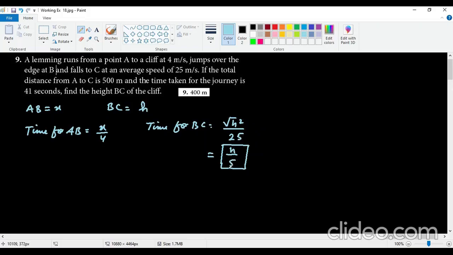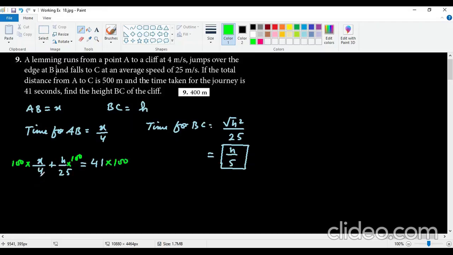So now this is the situation. So the total time when I calculate, x over 4 plus h over 25 is equal to 41. This is how we are going to solve. And when I multiply everything by 100, because the LCM is 100, so I multiply everything by 100 like this.